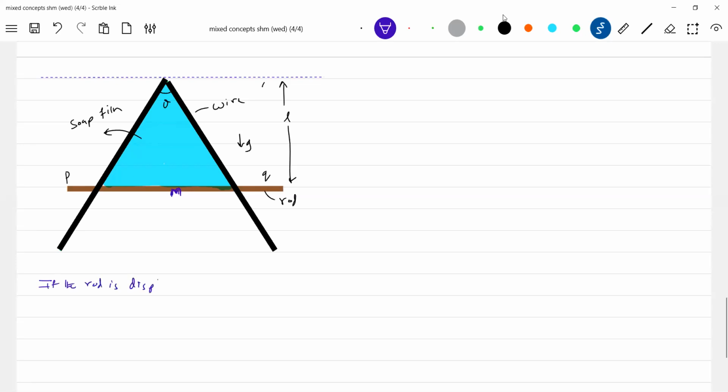If the rod is displaced slightly in vertical direction, and released, find the time period of oscillations.